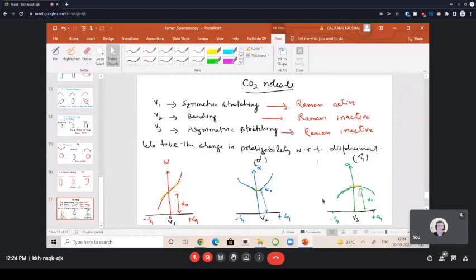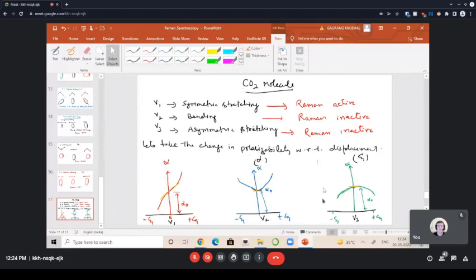So there is a slight decrease in the polarizability curve. Although it looks in the curve like there is a large decrease, it is not actual. This decrease is very small.